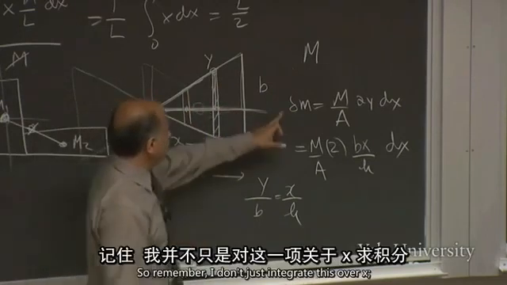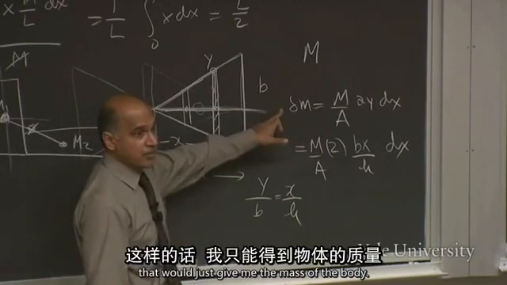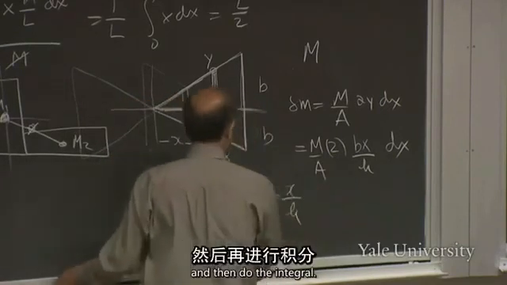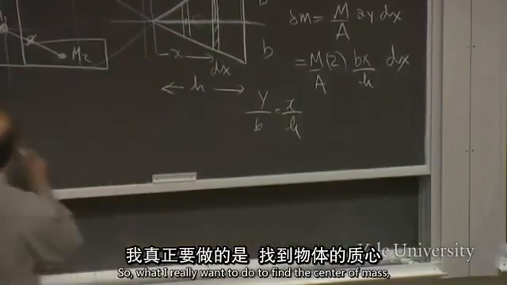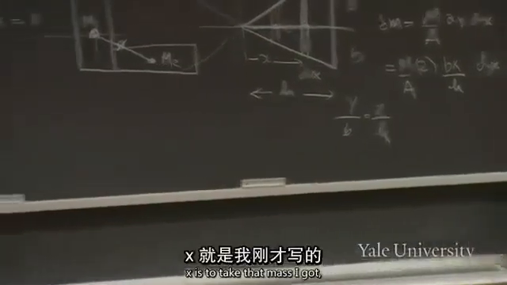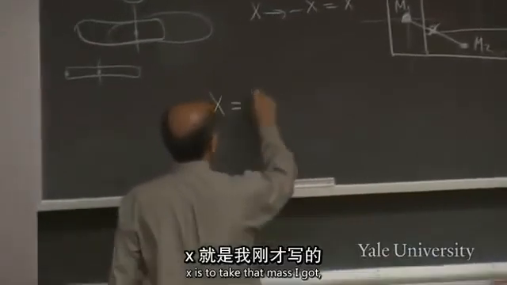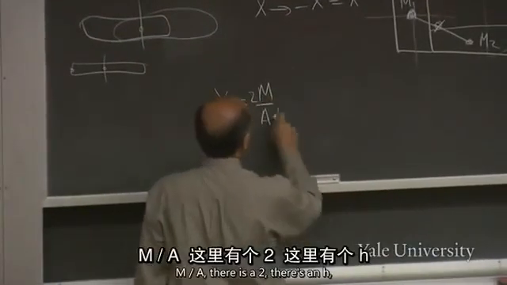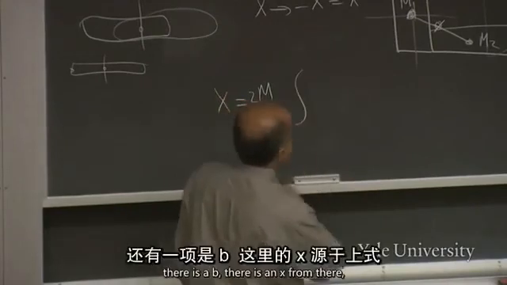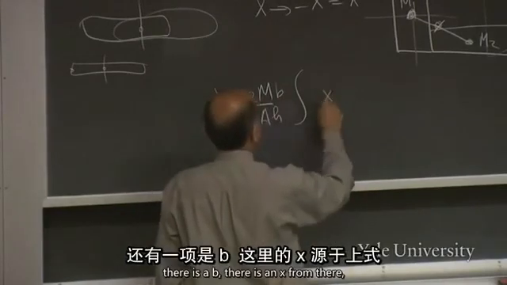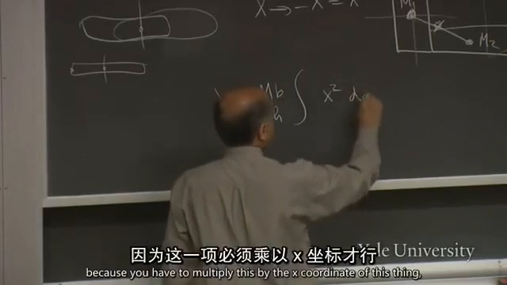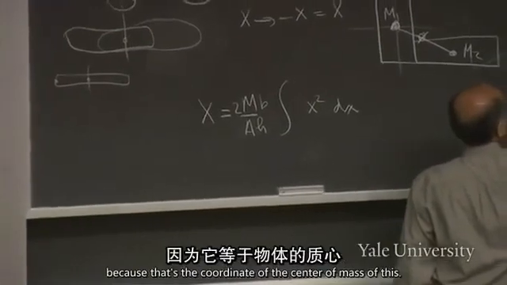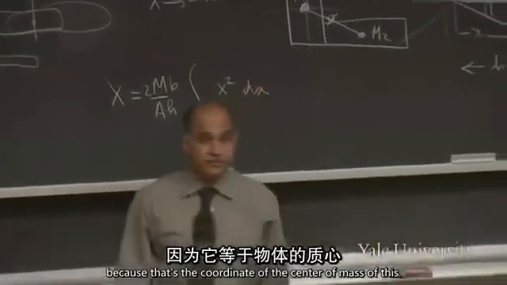So remember, I don't just integrate this over x. That will just give me the mass of the body. I should multiply it by a further x and then do the integral. So what I really want to do to find the center of mass x is to take that mass I got, m over A, there is a 2, there's an h, there is a b, there's an x from there, and another x, because you have to multiply this by the x coordinate of the center of mass of this.